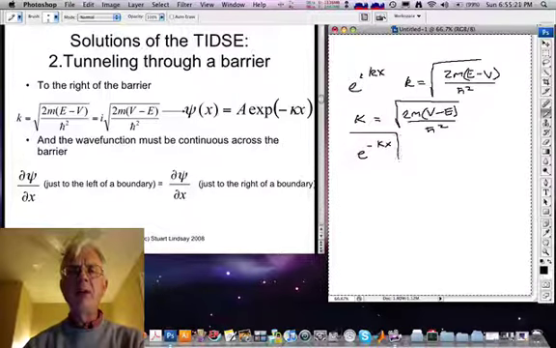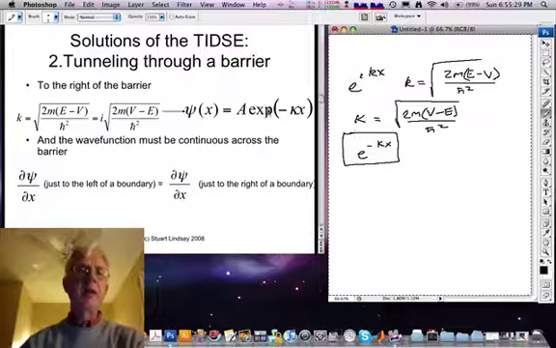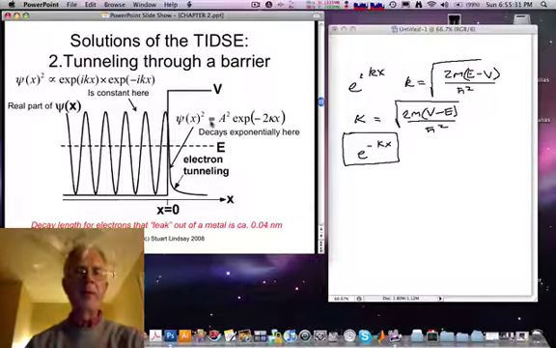So on the right of the barrier, what was an oscillating wave function becomes an exponentially decaying wave function. This is the origin of the phenomenon of tunneling.